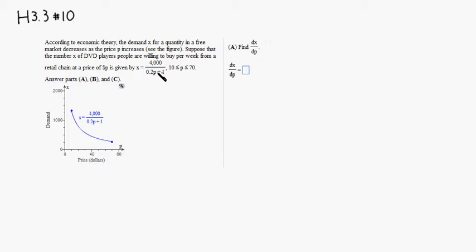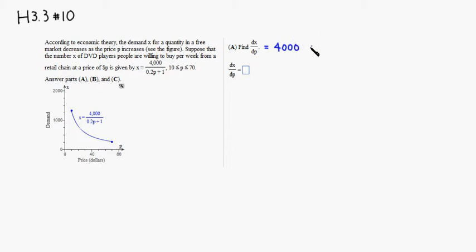If you want, we can apply the quotient rule on this. First square the bottom. Actually, 4,000 is a constant, so I'll just put that in front: 4,000.